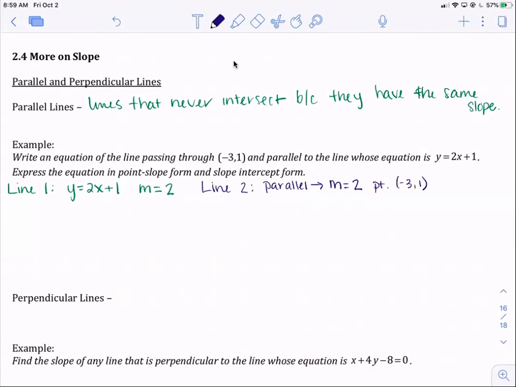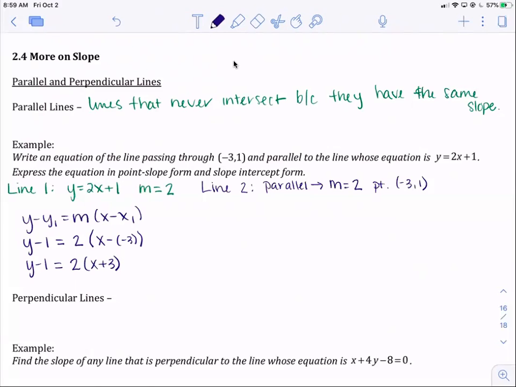Okay, so if we want to write this in point slope form, we have y minus y1 equals m times the quantity x minus x1. And we're just plugging in what we know. So we have y minus 1 equals our slope 2 times the quantity x minus -3. Two negatives make a positive, so this is y minus 1 equals 2 times the quantity x plus 3.